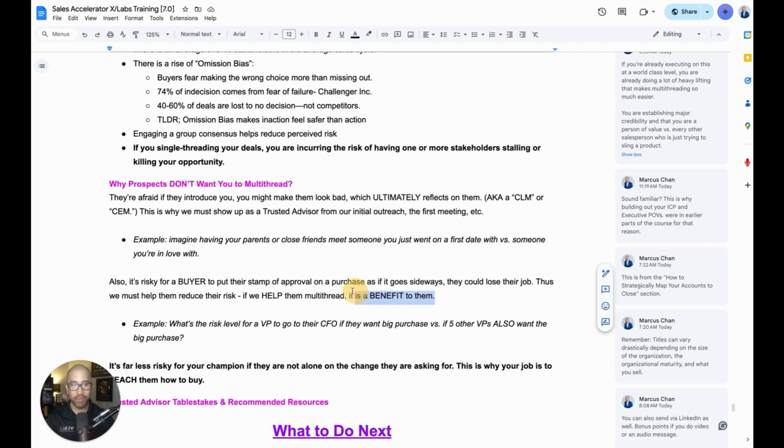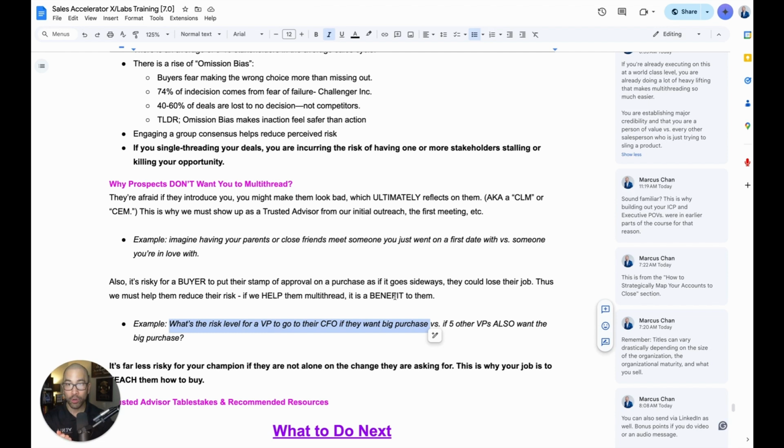This is a big mindset shift, but think it through: if we help them multi-thread, if we guide the process in there, it's a benefit to them because it helps reduce their perceived risk. Just to really hammer this point home, what's the risk level if a VP goes to the CFO for a big purchase? Let's say you're working with one single champion, they want to make a big $250,000 investment.